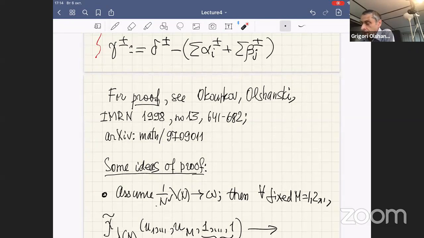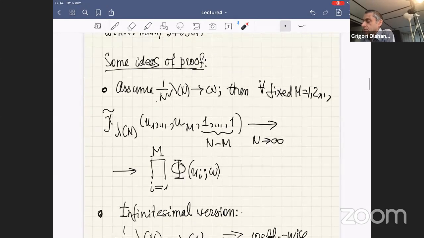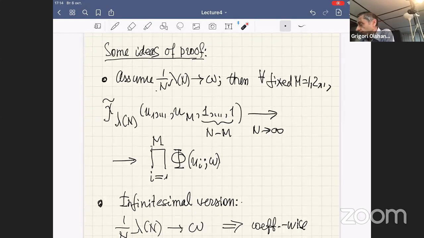But before finishing this theme, I would like nevertheless to show you, to emphasize some main steps, some ideas of the proof, because here we need the material that I tried to explain before.